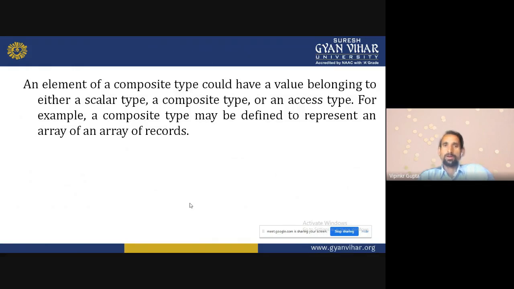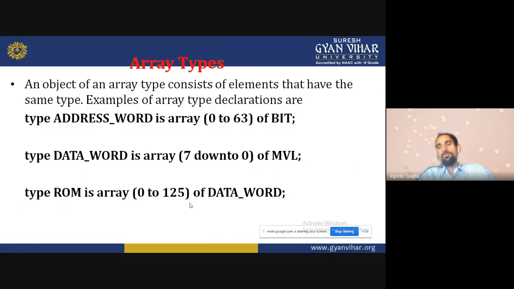For example, a composite type may be defined to represent an array of records. Now we will discuss the array type. An object of an array type consists of elements that have the same type. As I already mentioned, an array has the same type.